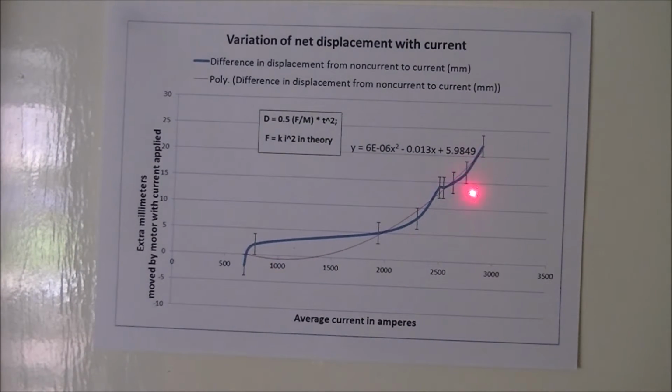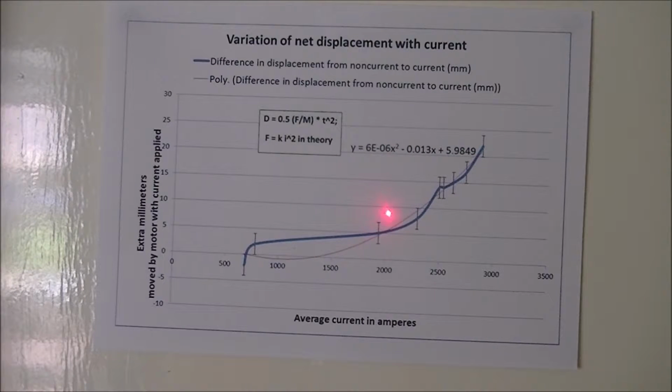We have done a number of experiments, and these are the data points. This is the net displacement, and this is the current. As we see, the current is increasing here, and the more we increase the current, as we can expect, the displacement with respect to the non-current case, as we have just seen, simply increases.